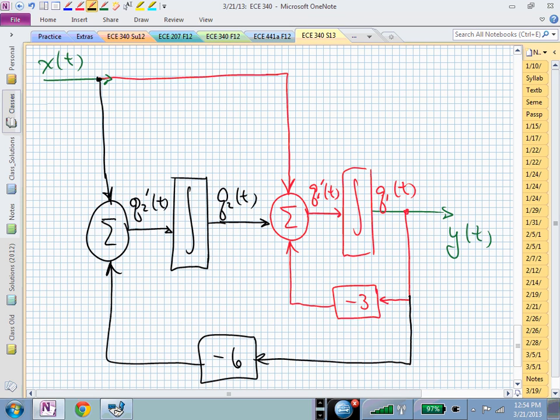Yes, you could do that. This is just easier because now you will be able to directly find the coefficients in your state space representation. So it's easier probably to not be mixing coefficients with products, not factoring your coefficients.